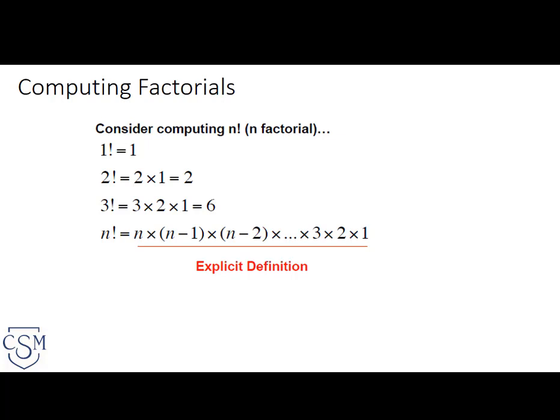So this is sort of the explicit definition, but how could we think of this as a recursive function? Let's think about it, and really this is n, and all of that is really multiplying n times n minus 1 factorial.